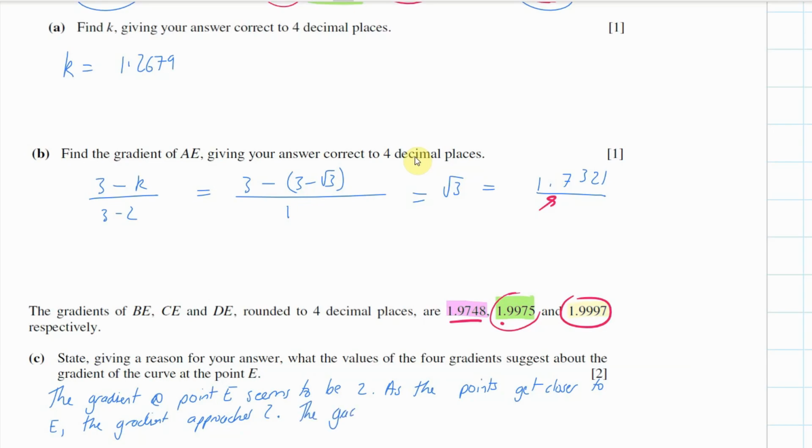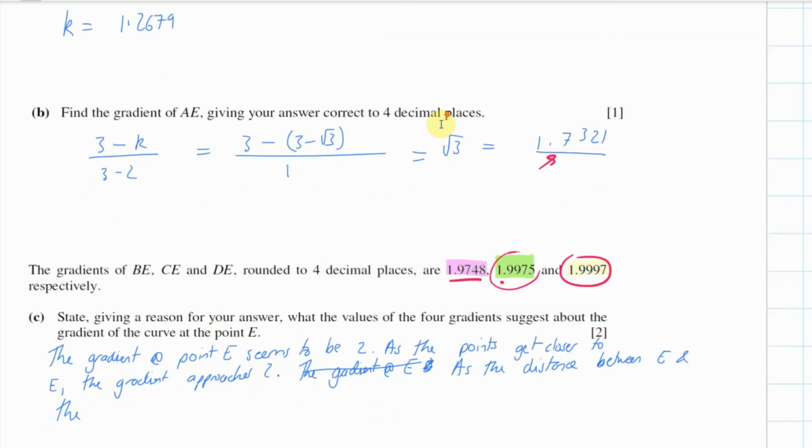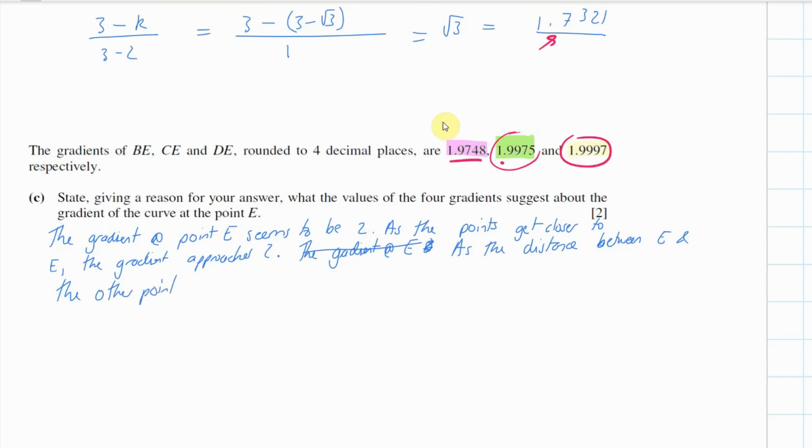The gradient at E is... it gets closer to, okay, so we could say maybe something like: as the distance between E and the other point approaches 0, the gradient tends to 2.